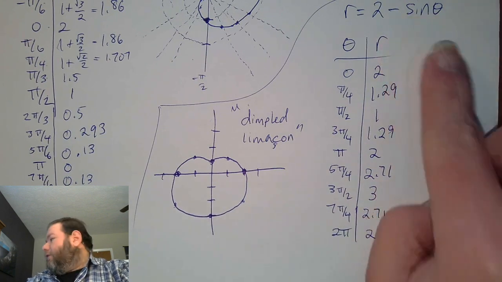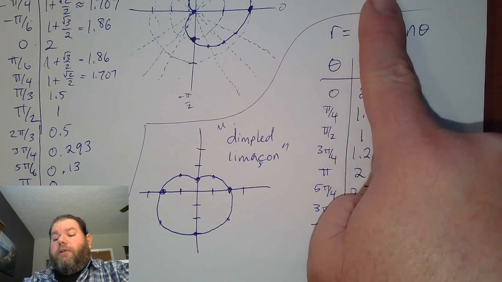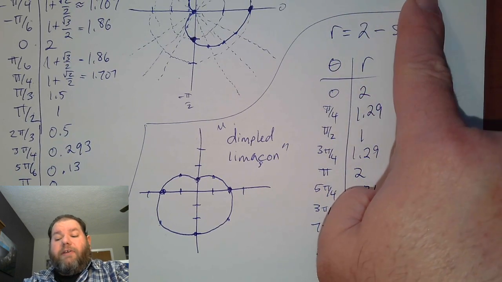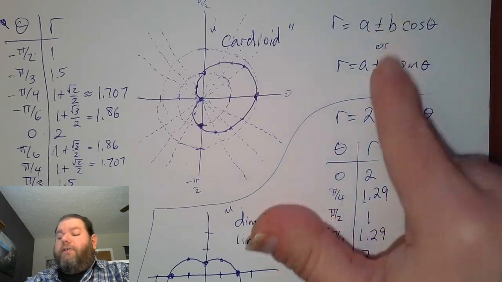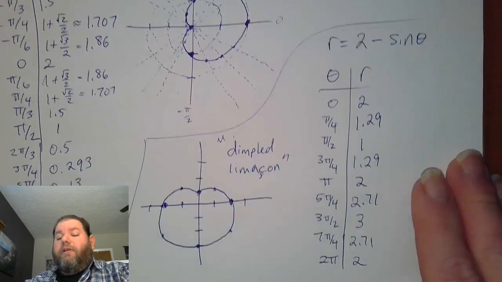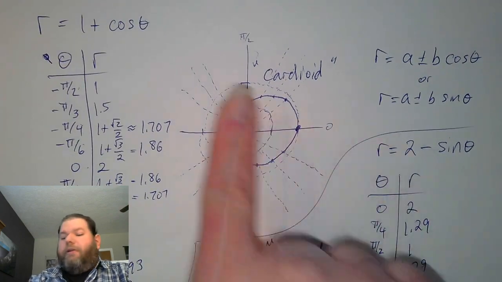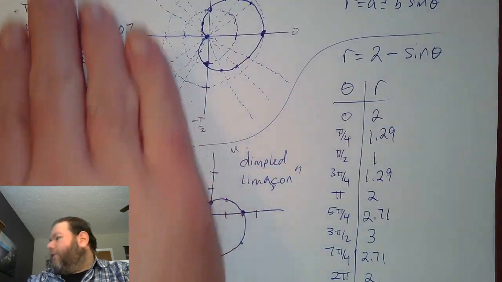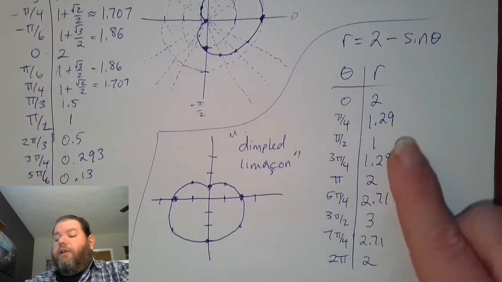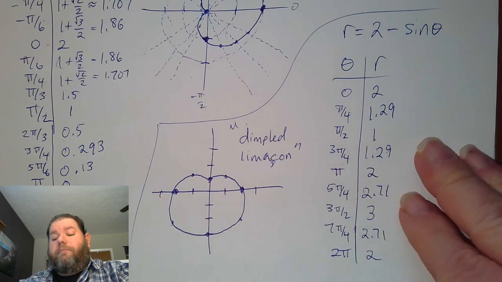But like I said, with these graphs, where it's a plus or minus b times sine or cosine, both of these graphs fall into that category. We don't have to pick all these points, we can just pick these points, and that's sufficient.